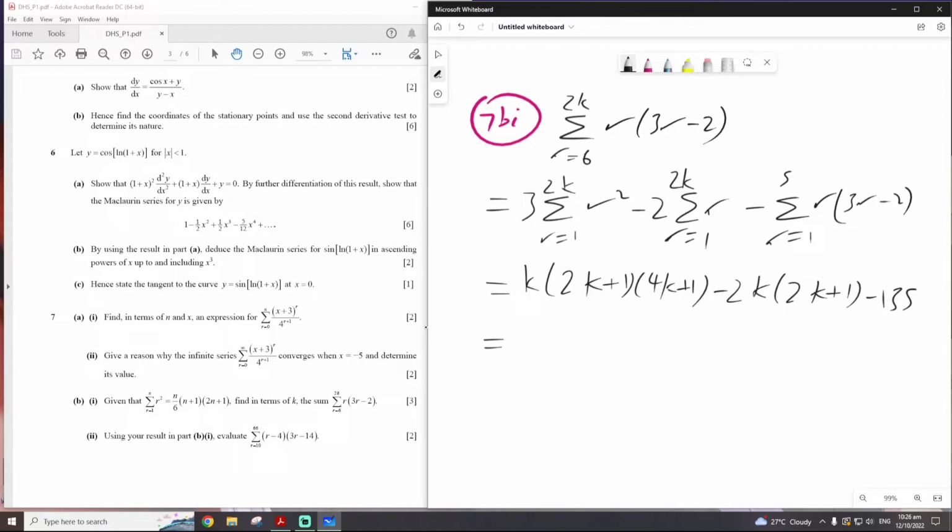Alright, so that should be k(2k plus 1)(4k minus 1) minus 135. Okay?